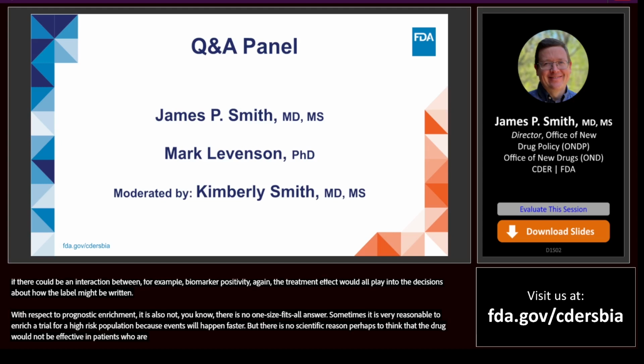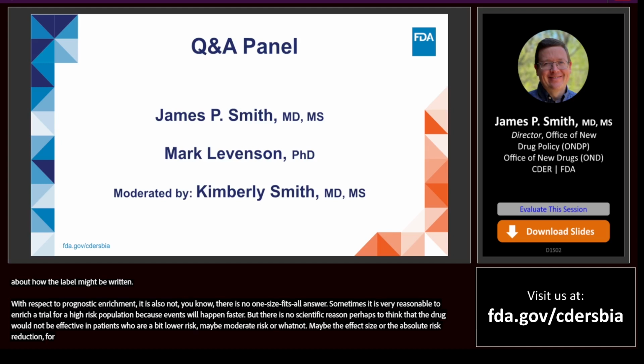Maybe the effect size or the absolute risk reduction, for example, would be smaller in the low risk patient. Those are really scientific considerations that one would have to think through.